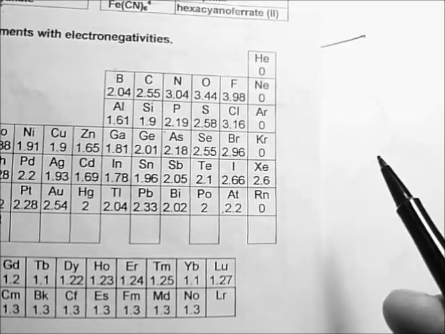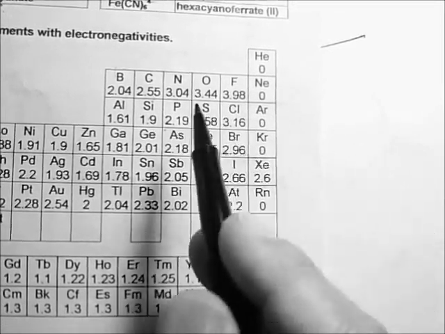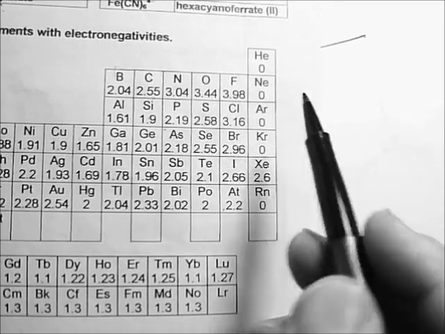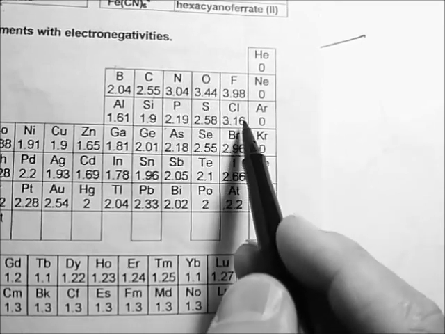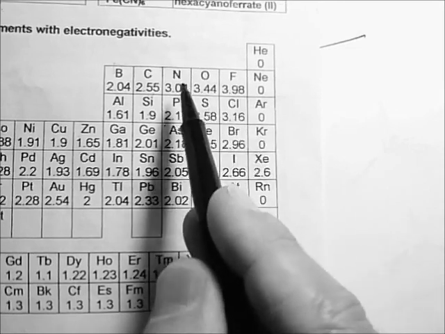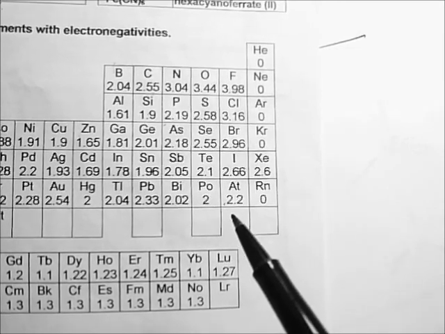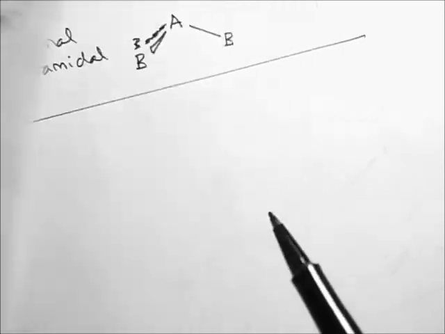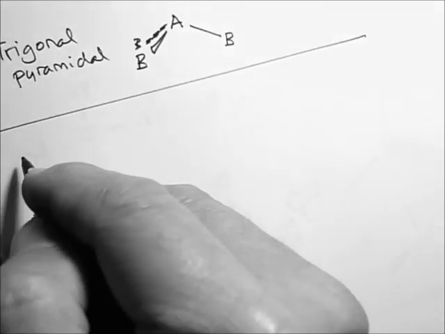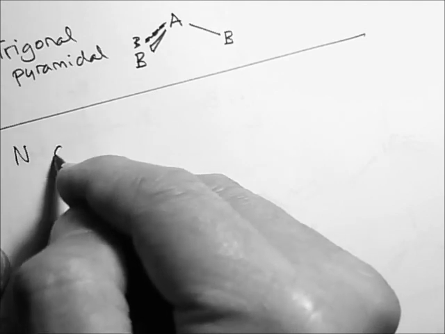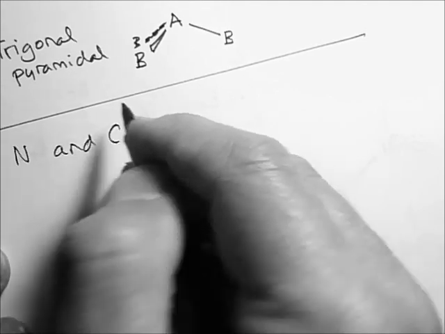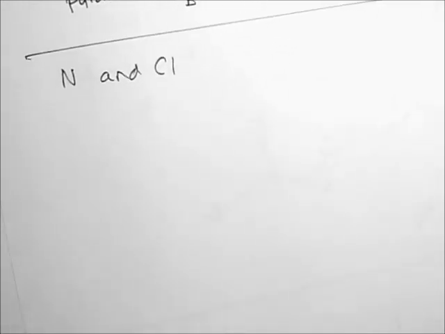Let's build a molecule with nitrogen and chlorine, and determine if the molecule is going to be polar or not.